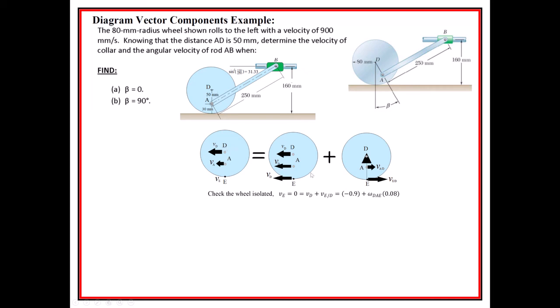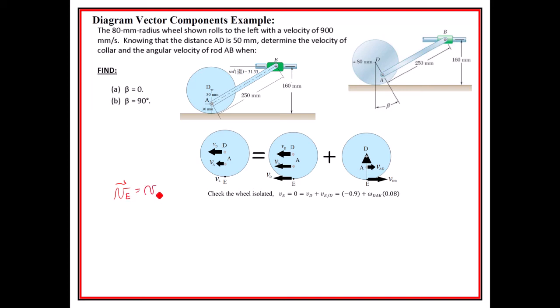If I write out the equation for the velocity of E, because that's the special thing that I know of, I say the velocity of E is going to be equal to the velocity of D, right there. I didn't actually write this on here, so it probably would have been better if I had been thorough.